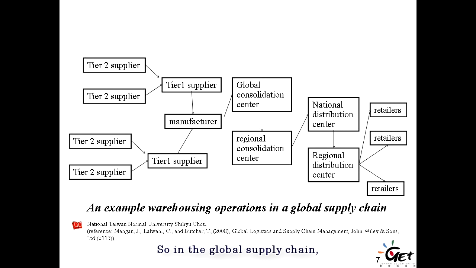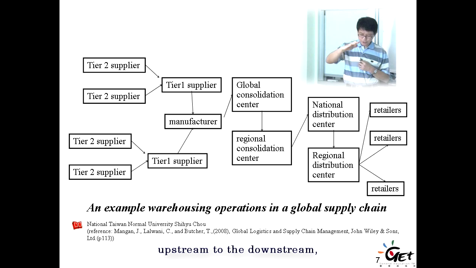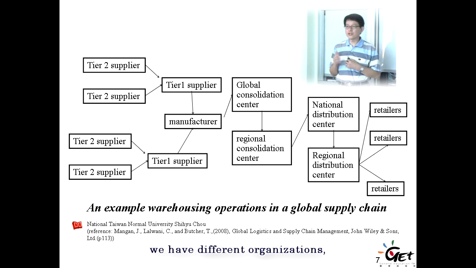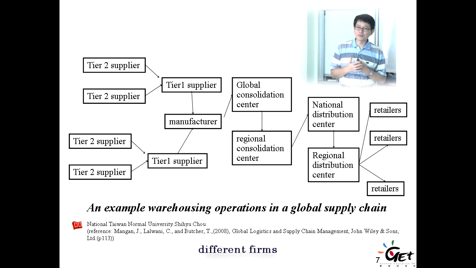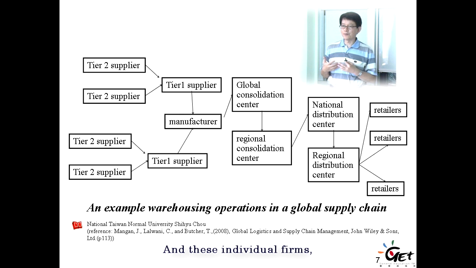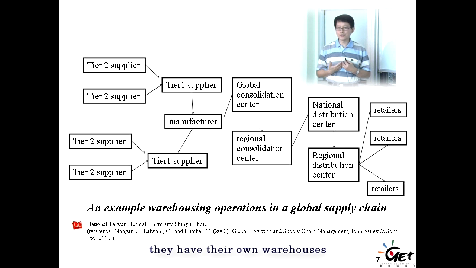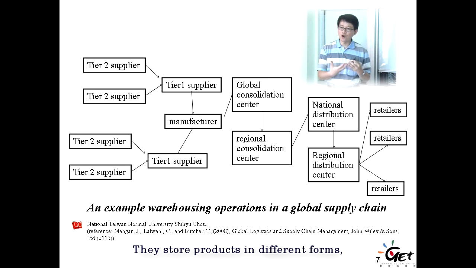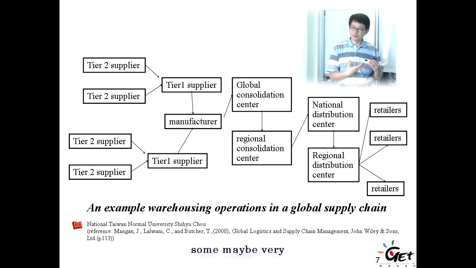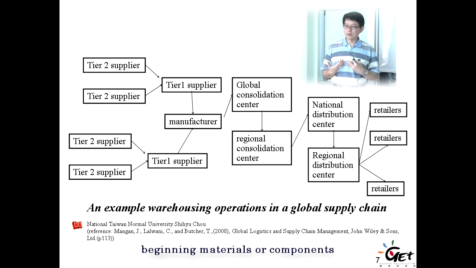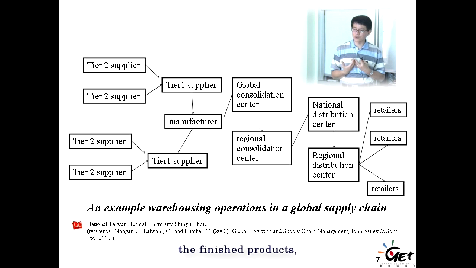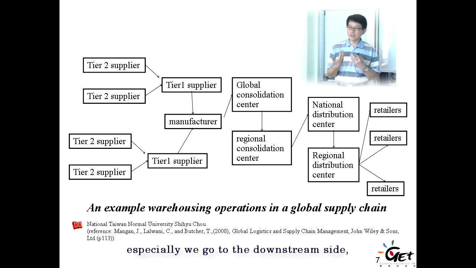So in the global supply chain, from the upstream to the downstream, we have different organizations, different firms, and these individual firms have their own warehouses, right? They store the products in different forms. Some store the very beginning materials or components. Some store the finished products, especially when we go to the downstream side.